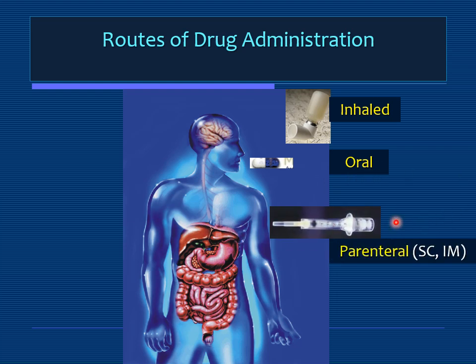Then through injection, parenteral. The word for given through injection is parenteral: subcutaneous, intramuscular, intravenous, intra-arterial, etc. Or through rectal, through the anal canal in the rectum. Suppositories are the name given to those preparations which are given through the rectum, rectal suppository.